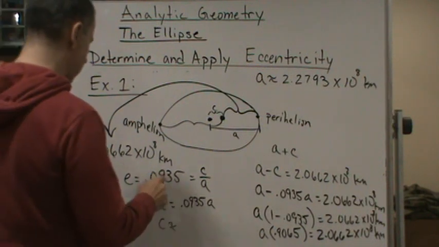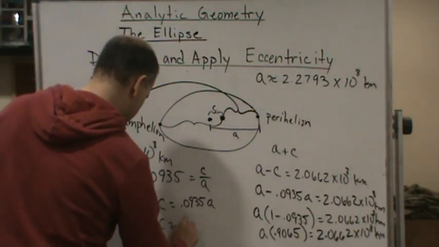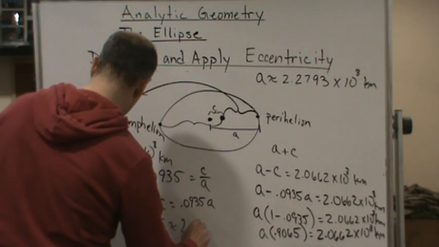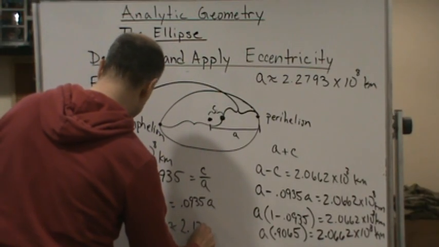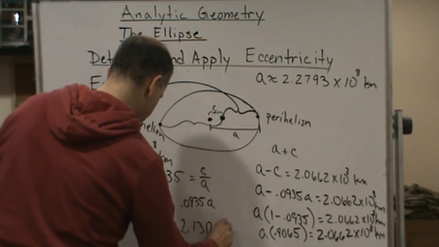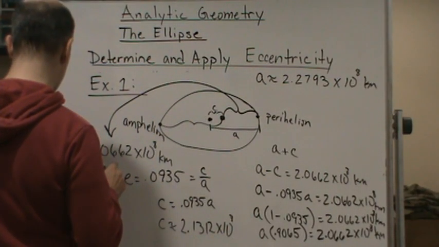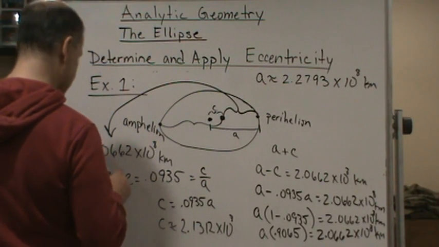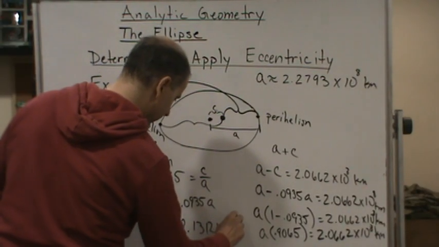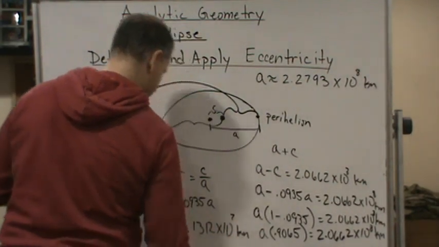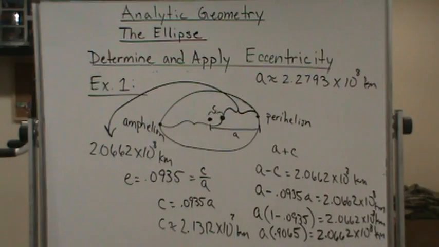All right, so now C, I get approximately what? 2.1312 times 10 to the 8 kilometers. Is that right? Let me check. Yes, 2.1312.